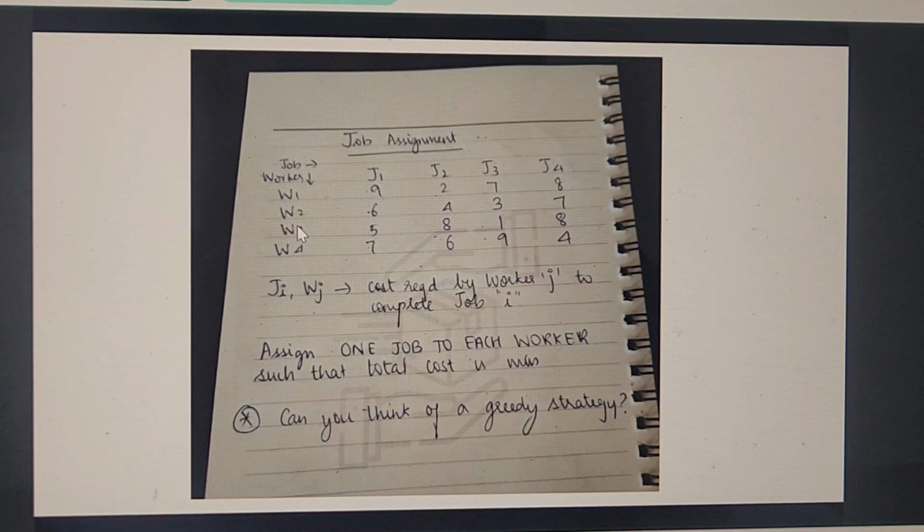So ideally if we had assigned job 3 to worker 3, we would have been able to bring about more reduction in cost. But because we already put job 3 in worker 2's hands, now we have to look at the next minimum, which is job 1. You assign that, and then worker 4 will get the only remaining job, which I think is job 4 if I'm not wrong. So that is one greedy choice or one heuristic you can use.